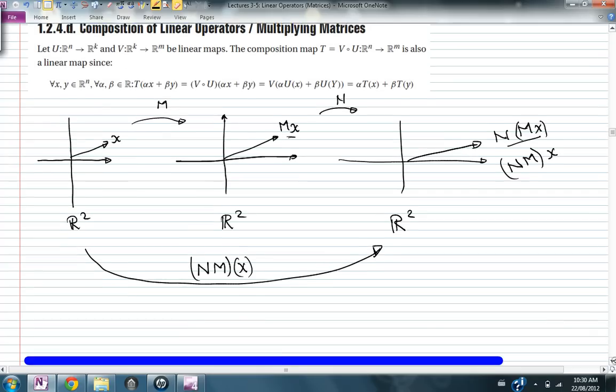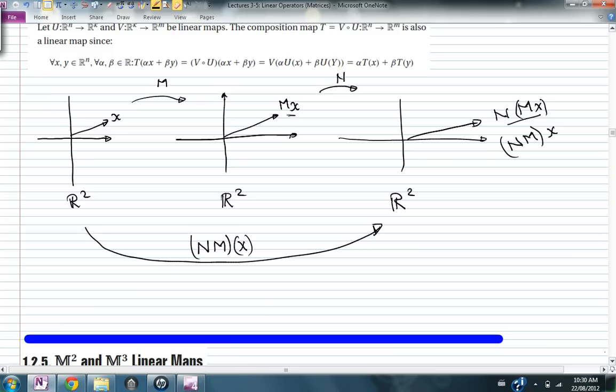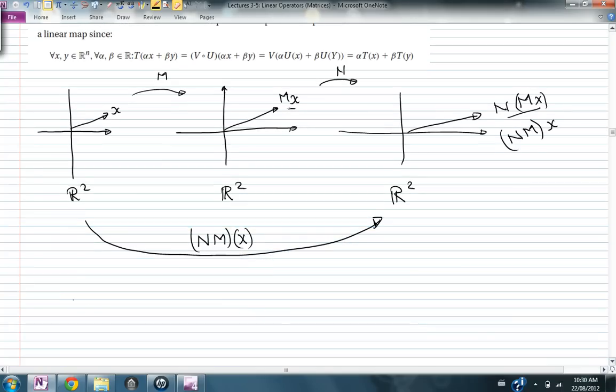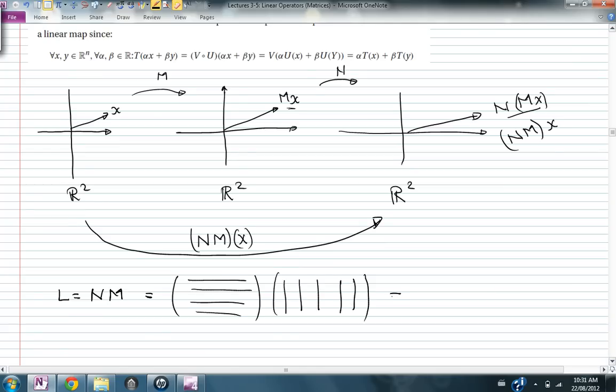And this matrix, as you have studied before, is L, that's equal to NM. And to find this new matrix L, if this is N and if this is M, we multiply the rows by the columns to get a number, the rows by the columns to get a number, and so on.